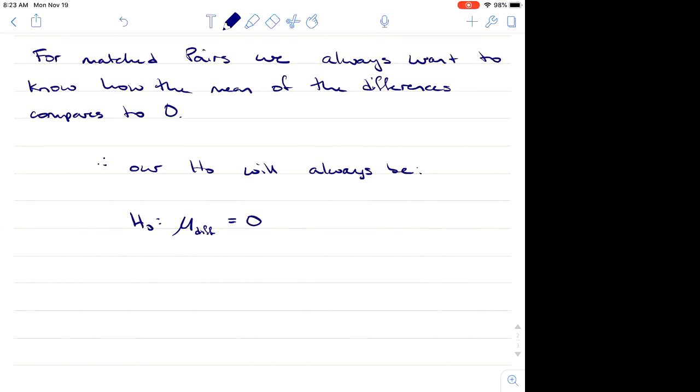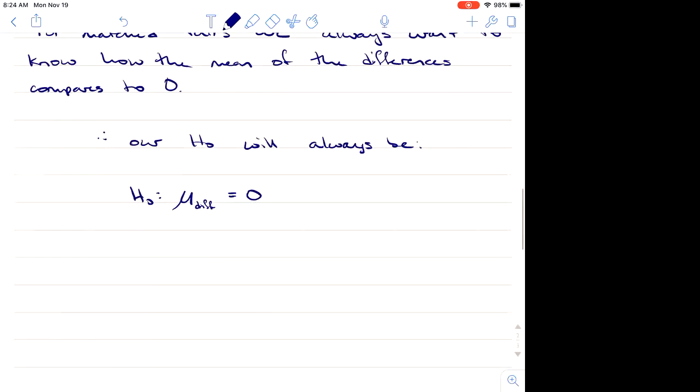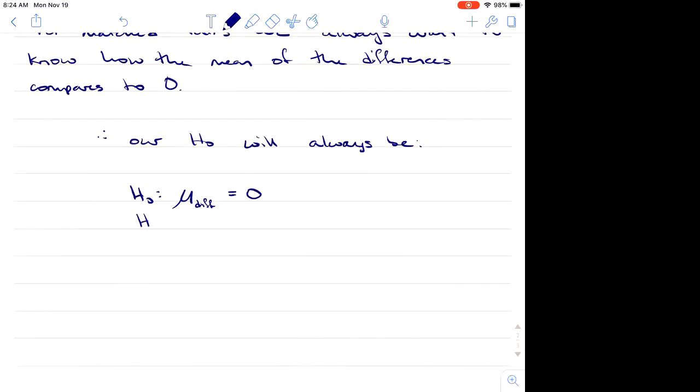So if you look at your formula sheet, you have H naught is that mu diff equals 0. And then for us, because I'm nice that way, our alternative hypothesis will always be that mu diff does not equal 0.